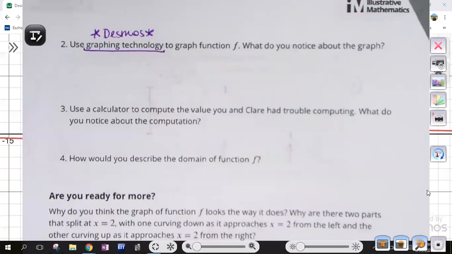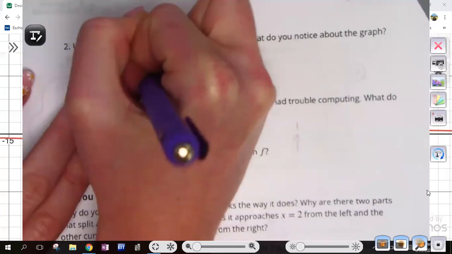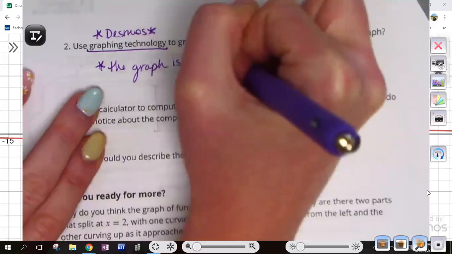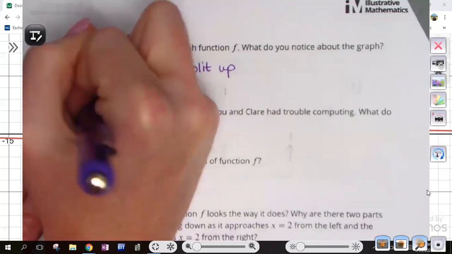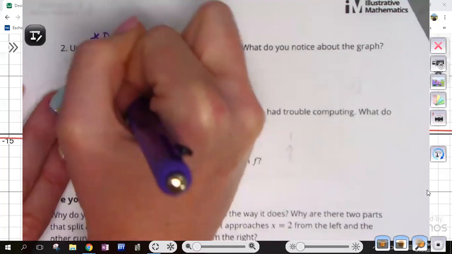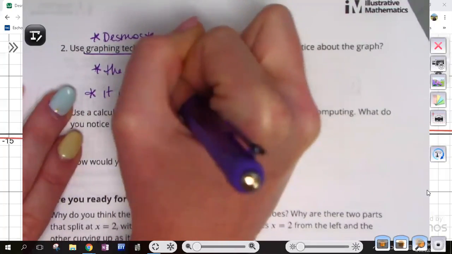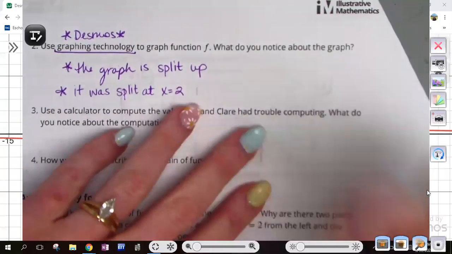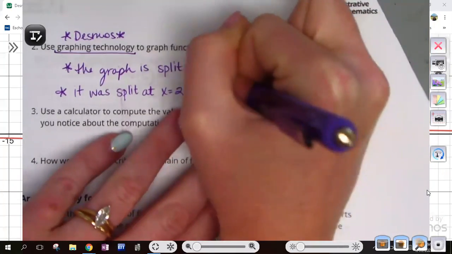what do you notice about the graph? We notice that the graph is split up, and it was split at x equals 2. All right, and I'm just gonna draw a little rough sketch of what my graph looked like, just so I can refer back to it.